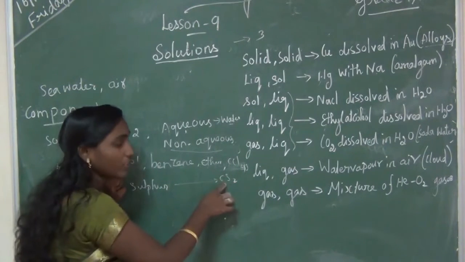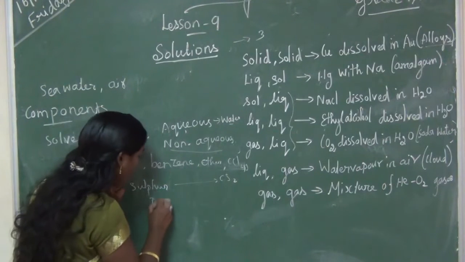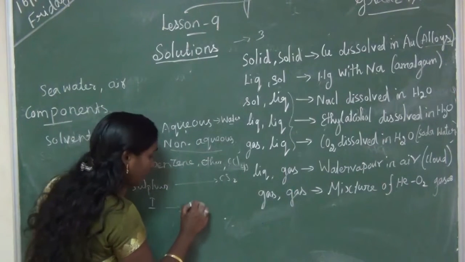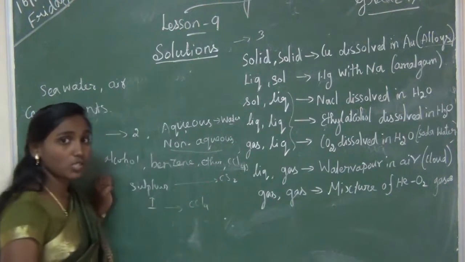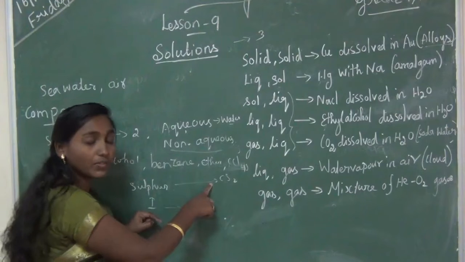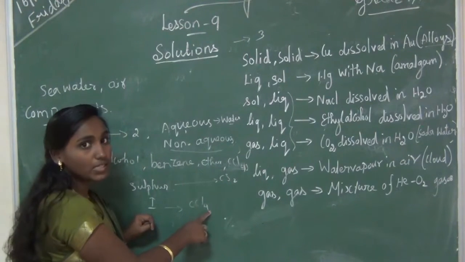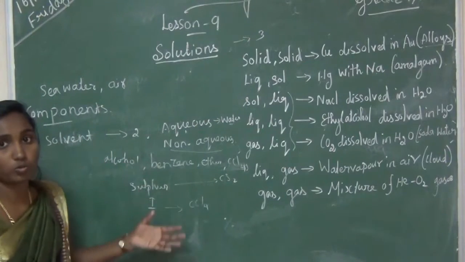Like that, iodine. Iodine can dissolve in carbon tetrachloride. This is one more question, so just note it. So sulfur can dissolve in carbon disulfide, iodine can dissolve in carbon tetrachloride. These are non-aqueous solutions.